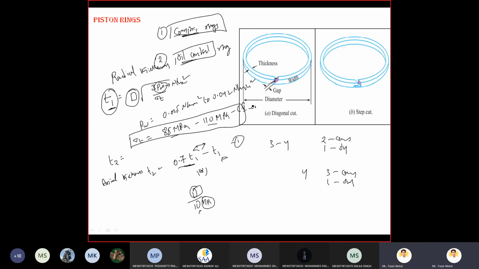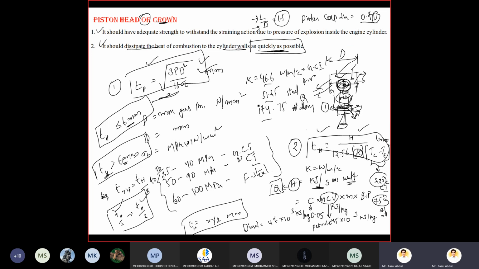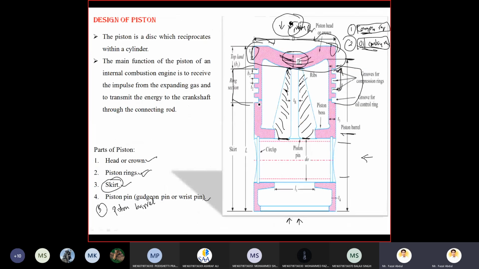Now, width of the top land. See here, we are discussing the ring sections. So we designed the ring, but we have to design these other things also.